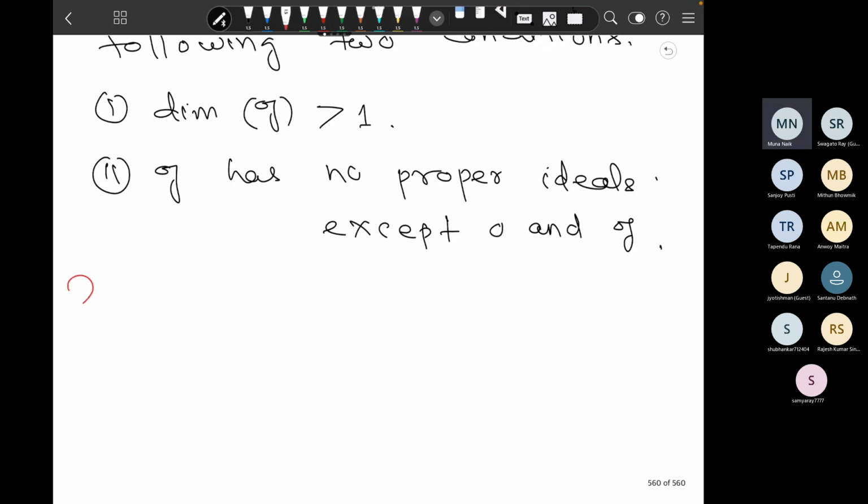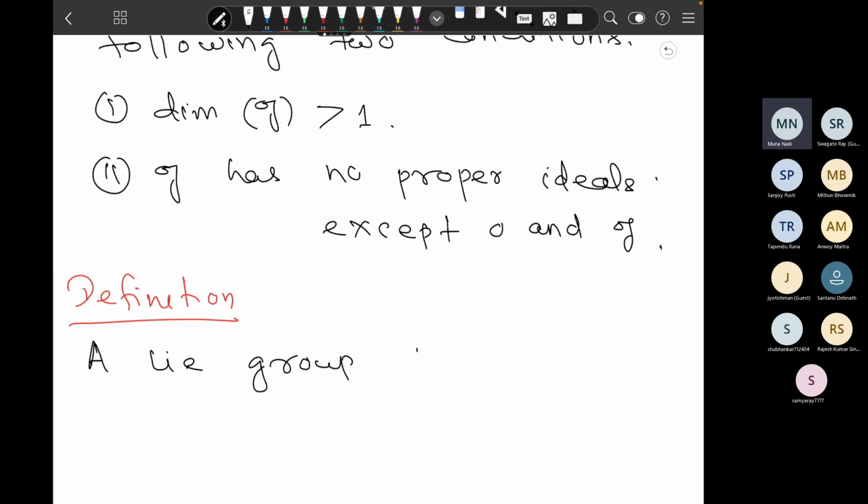Now another definition: a Lie group G is called simple if and only if its Lie algebra is simple.